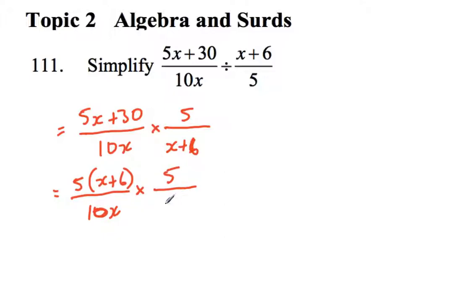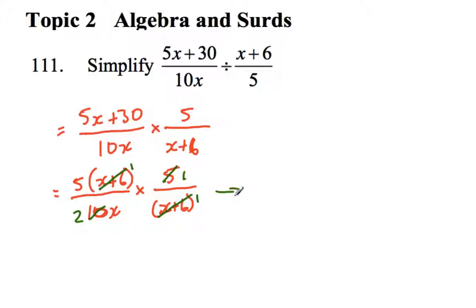And I'm going to write the x plus 6 in brackets here to allow you to spot the fact that that can be divided into the top and the bottom. So we can say x plus 6 goes into itself once there and into there once. So we're allowed to do that across the tops of one fraction and the bottom of another. 5 can divide into that once and into there twice.